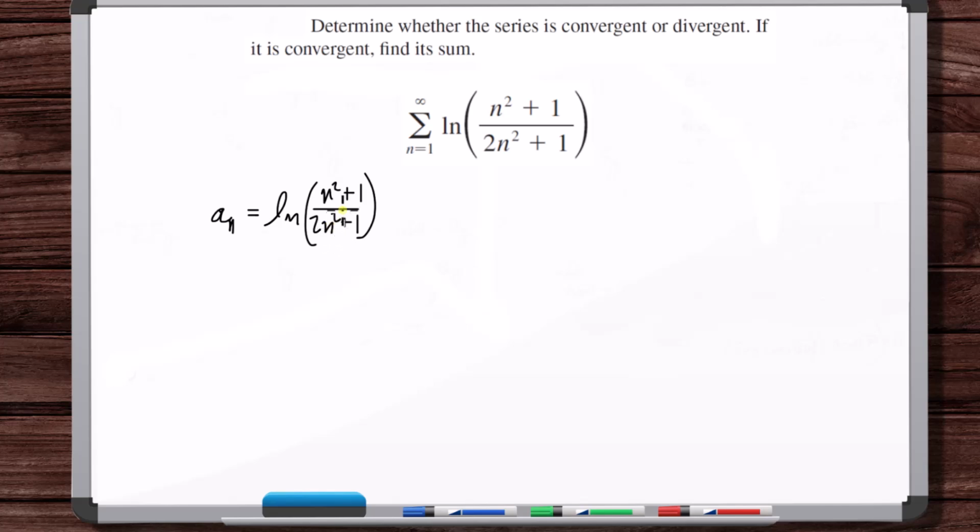And since the natural log is only going to have continuity issues at 0 or something negative, and this is never going to be 0 or negative, there's no problem there. So what is the limit? If this was its own sequence, the argument inside the natural log, does that sequence converge or diverge? And if it does converge, what does it converge to?